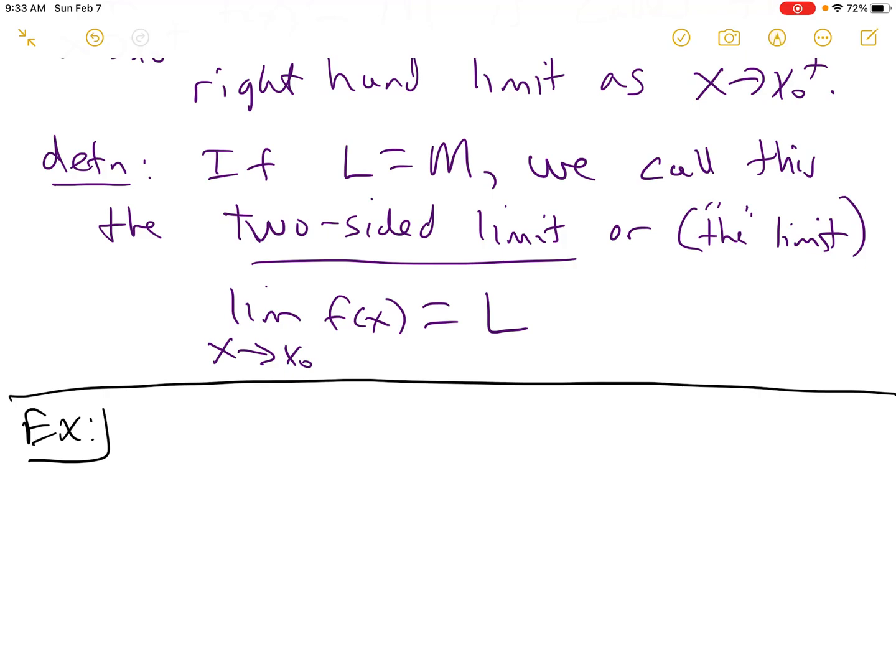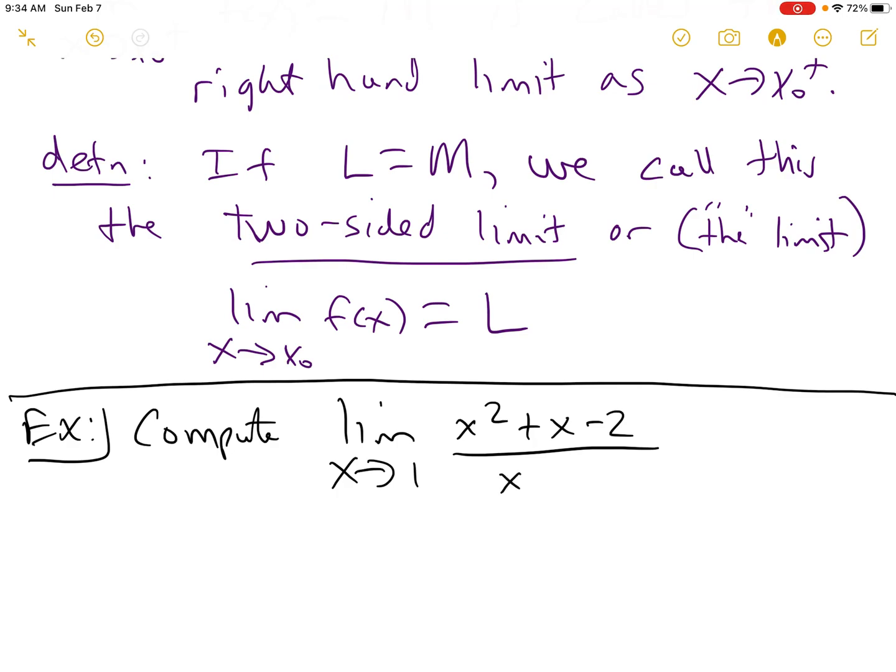So we're going to compute this limit algebraically and geometrically. So let's compute the two-sided limit as x approaches 1 of x squared plus x minus 2 over x squared minus x.